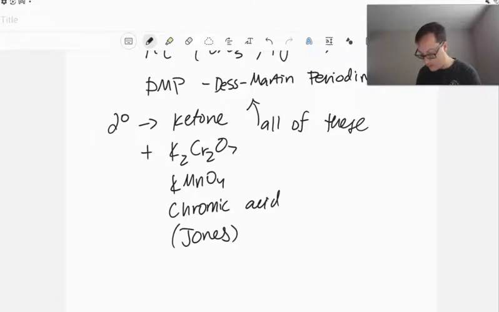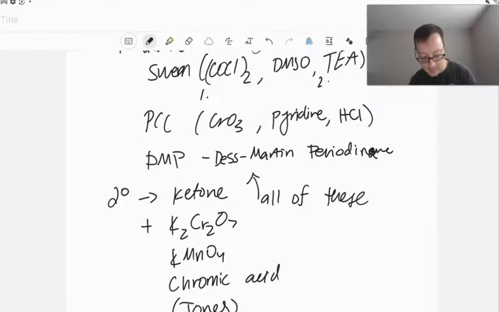Because I know it's a relatively newer reagent. Oh, I did get it right. Periodinane, yeah, it is an A. Okay, I was right. It's a mild oxidizing agent, fairly recent, last couple of decades. I don't know if your instructors teach it, but it's a great way to oxidize gently.